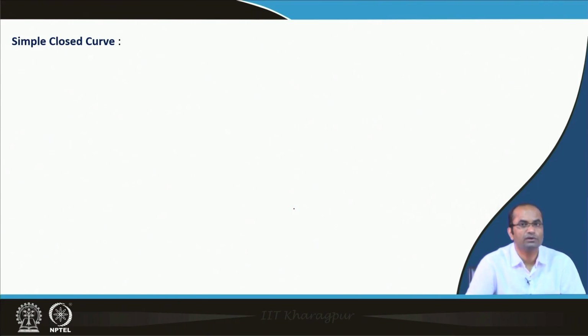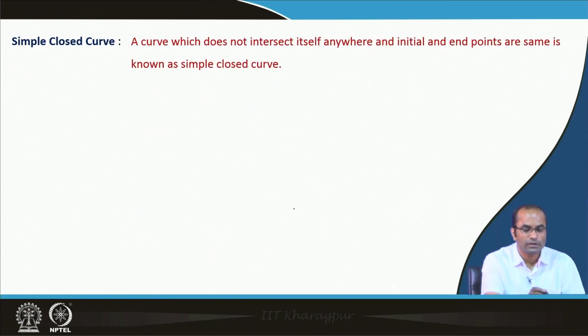So, coming to the simple closed curve, another terminology which is frequently used in vector calculus. It is a curve which does not intersect itself anywhere, and the initial and the end points are the same.